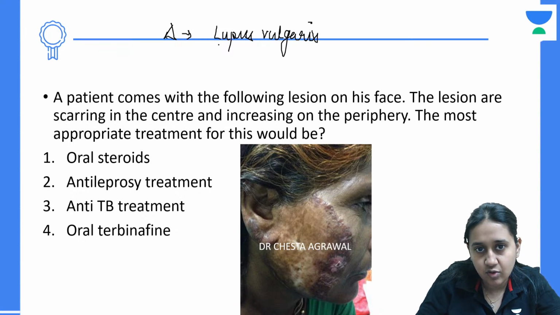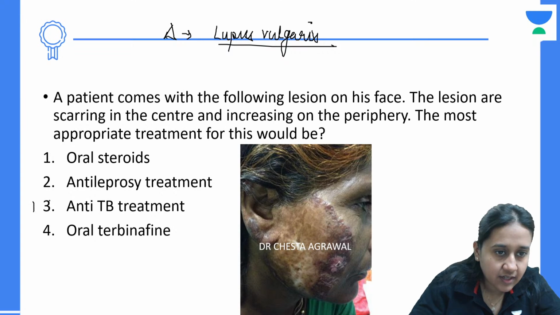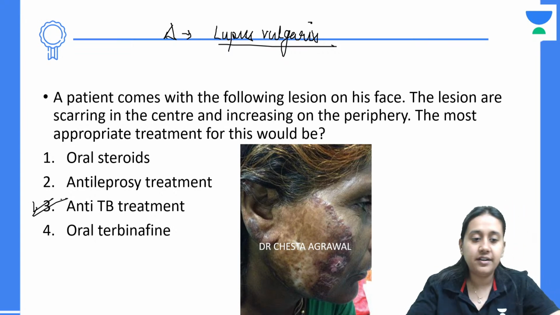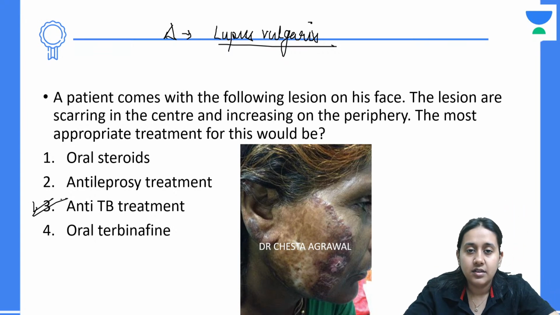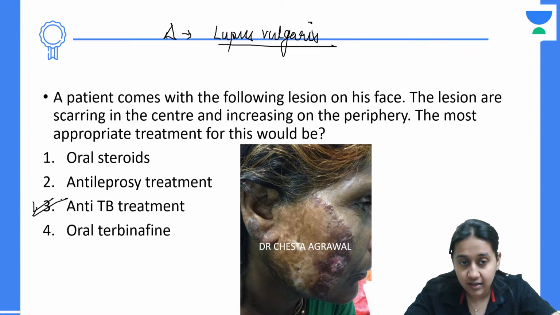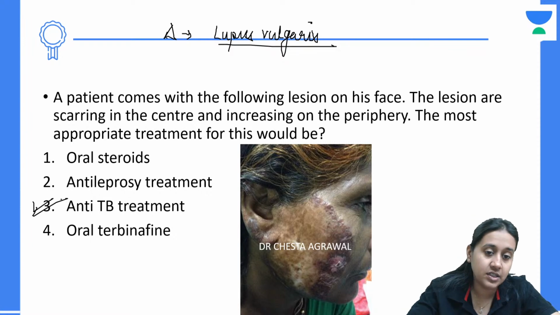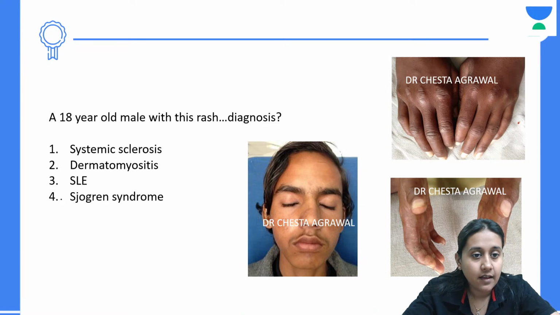It is a very classical lupus vulgaris, and you have to treat it along the lines of M. tuberculosis. You give 2 months of intensive phase and 4 months of continuation phase: 4 drugs, HRZE, in the intensive phase and 3 months of HRE, 3 drugs, in the continuation phase.